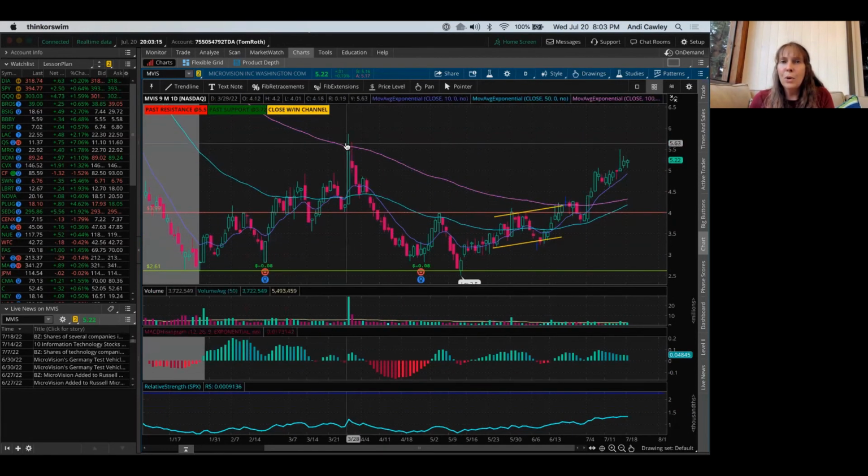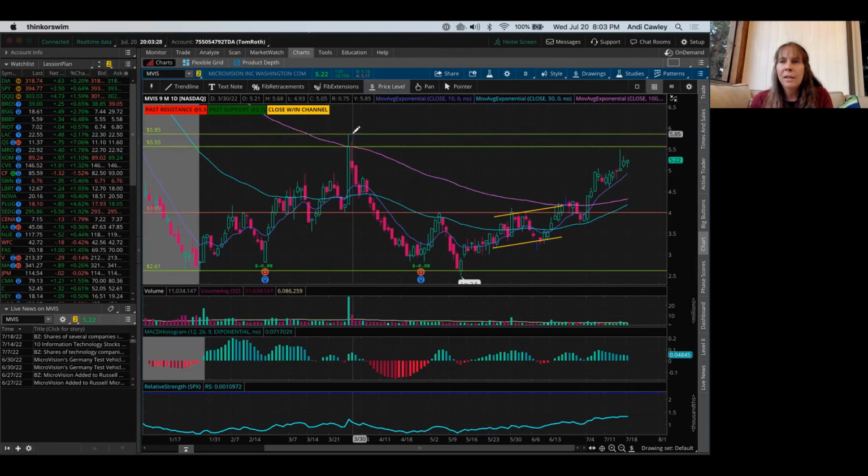Yeah, so you can see back here we had resistance. Let's put a price line on there. Right there, we had a peak point right here. I'll be interested to see if it'll make it past that.